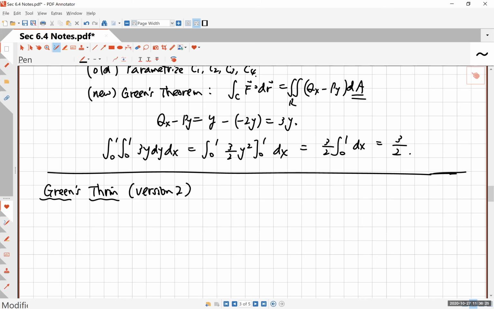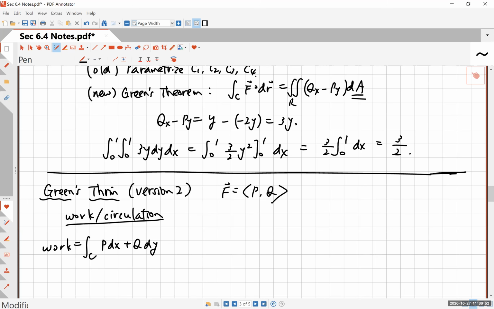Now, what we have been doing is the work, or the flow, or circulation integral. How do you find the circulation? That work or circulation is defined as the line integral over the curve C of P dx plus Q dy. Remember, I am thinking of F as (P, Q) at this point.